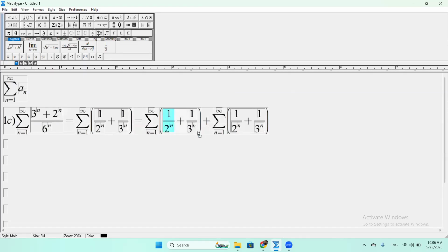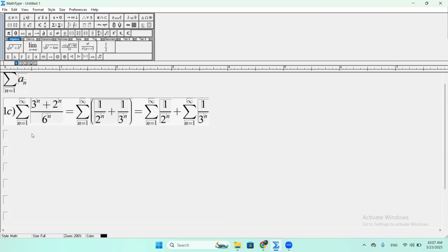So here will be 1 over 2 in power of n, and here will be 1 over 3 in power of n. Okay, so we split this series into two separate ones, and let's calculate each of them separately.